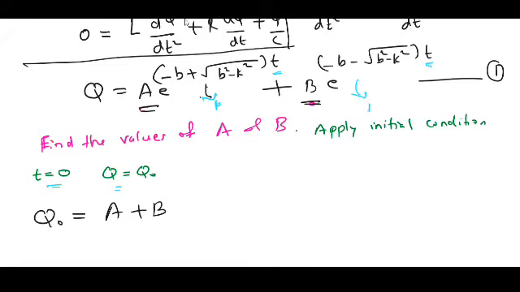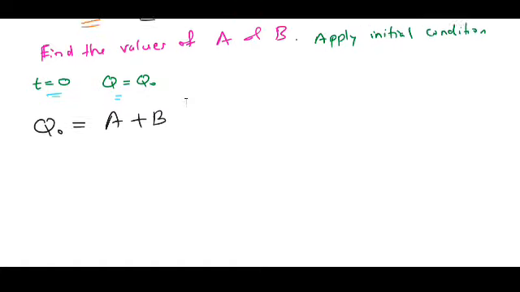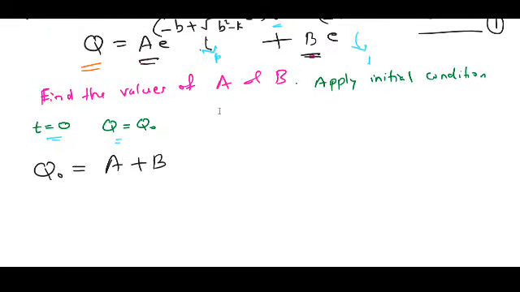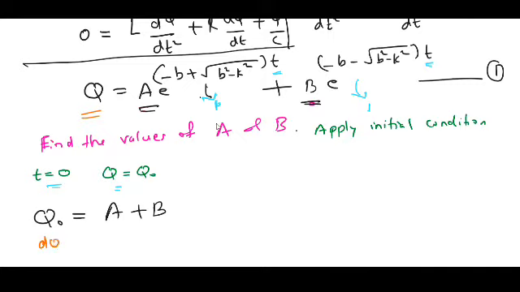Now we differentiate this equation 1 with respect to t, and then apply the initial condition, that is, when time t is equal to 0, what is the value of dq/dt? If you differentiate this equation, we will get dq/dt equal to the term A into the differentiation of the e power term. Here the coefficient of t is minus b plus root of b² minus k².